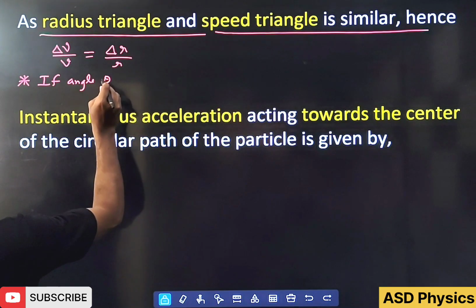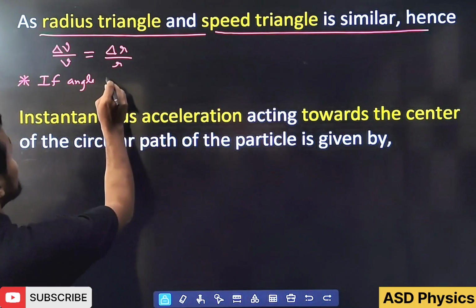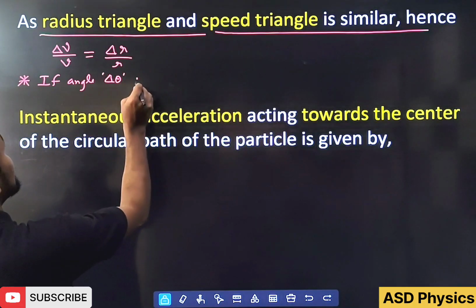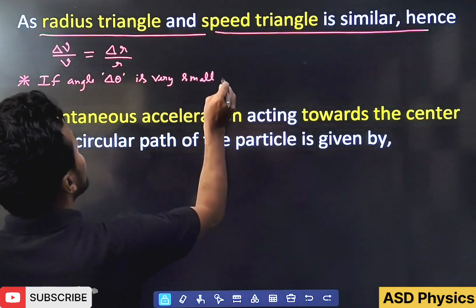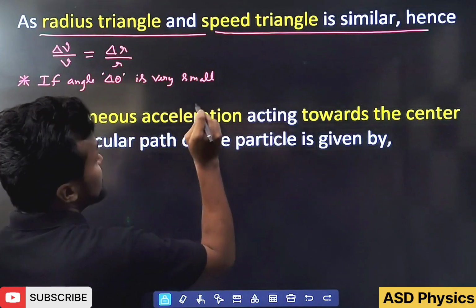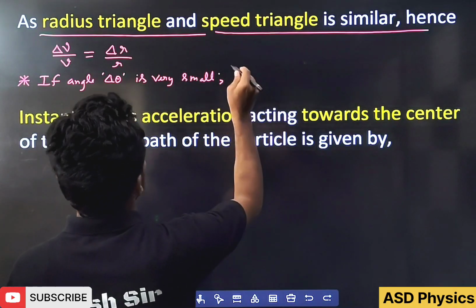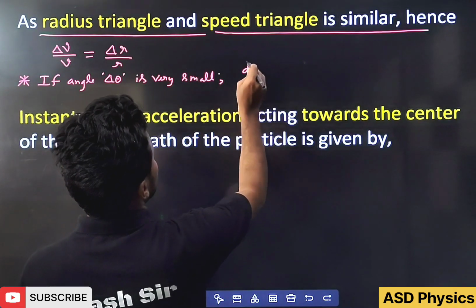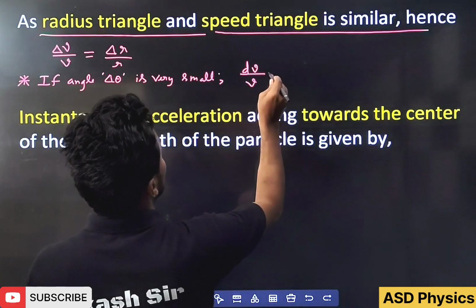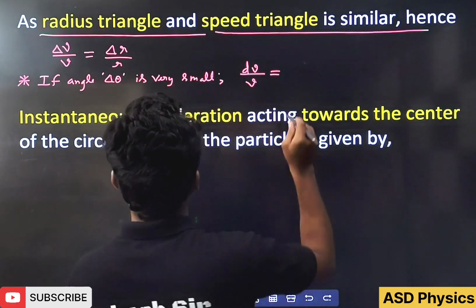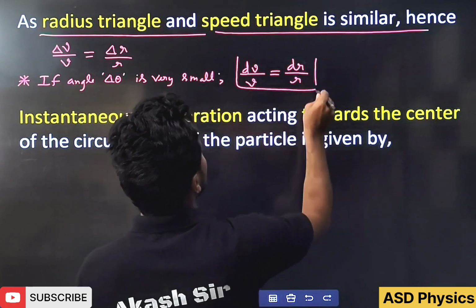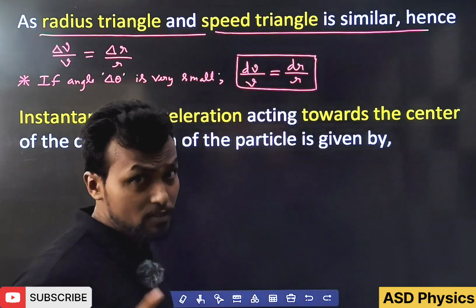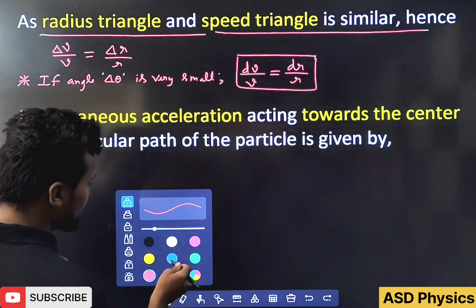So if angle delta theta is very small, that means it will become d theta. So in this situation what we can write, this delta V by V will become dV by V, instantaneous velocity, is equal to dR by R. Now we have got this from the similar triangles. After that, let's see the next one.